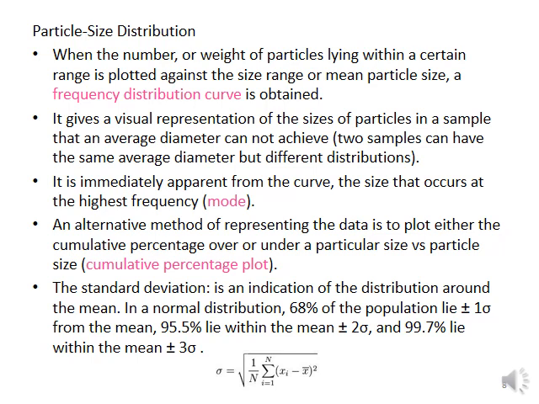For example, two batches might have the same average diameter, but the behavior is totally different because the particle size distribution is different. The size that occurs at the highest frequency is called the mode.